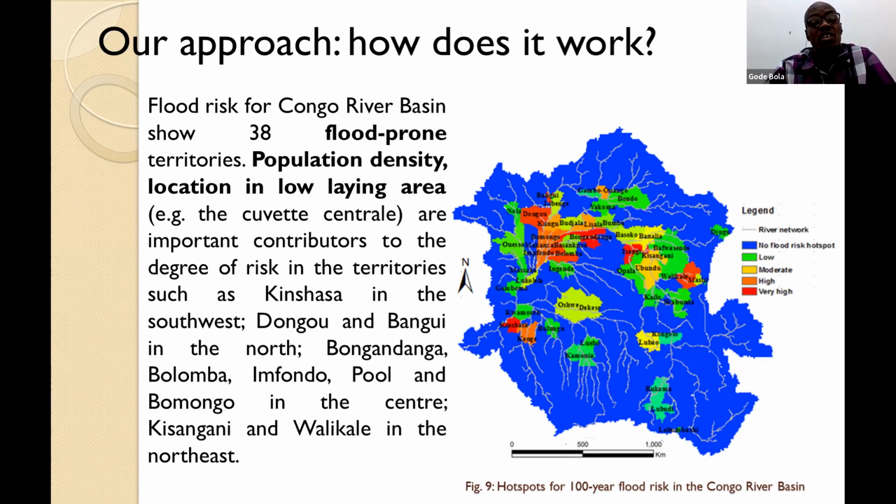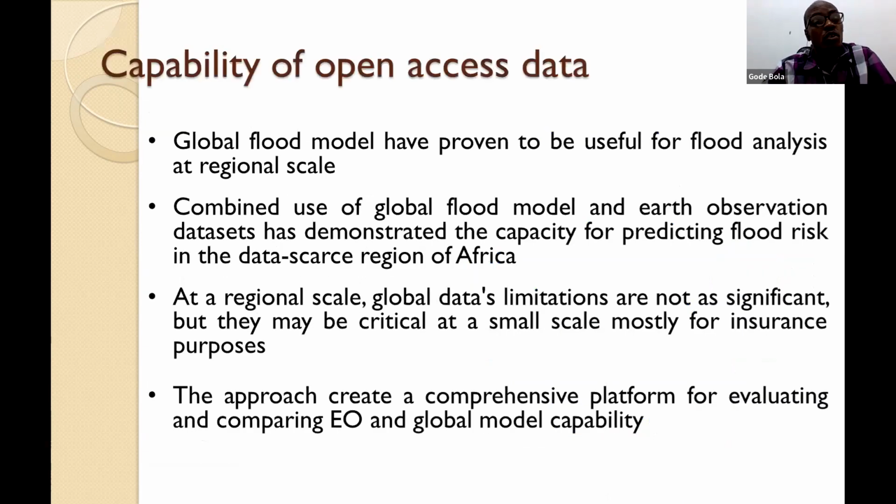What I can say about the capability of open access data is that the global flood model has proved to be useful for flood at a regional scale. And the combination of the flood hazard map with the remote sensing derived data demonstrates the capacity for predicting flood risk in the data scarce region of Africa.